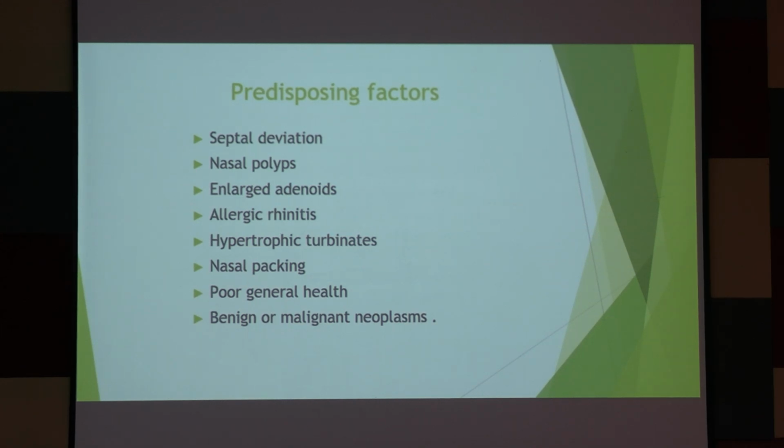Also, if you have nasal polyp, that is also obstruction. If you have adenoids, that is also obstruction. Allergy causes, that is also obstruction. Turbinates are hypertrophied, and post-nasal packing, if there is trauma or anything, also gives obstruction. And poor general health, like if you have any condition where your immunity is deranged a little bit. Okay. Don't say HIV always. Diabetes is the most common cause. Okay. And if there is malignancy.